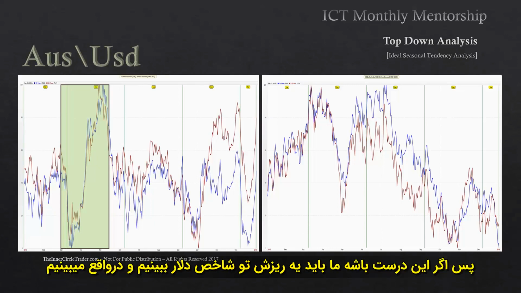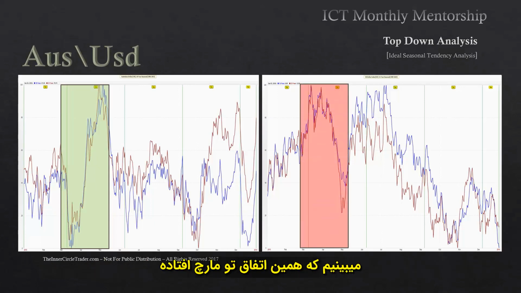Now, if this is true, we should see a sell-off in the dollar index, and we do in fact see that same thing occurring between March and a decline making a low in May. So between the two, we have a qualified ideal scenario for the Australian dollar versus US dollar pair in FX to rally, because Australian dollar is the first currency in the name of the pair. Aussie looks to rally at this time of year, the same time the dollar index declines.